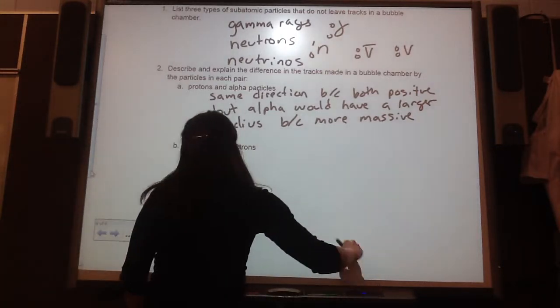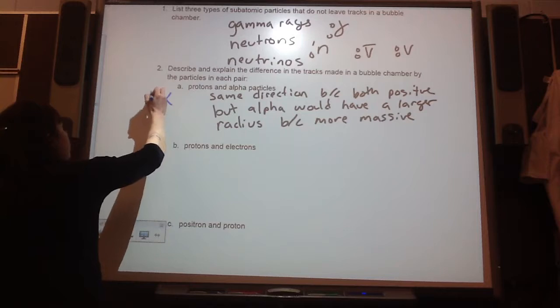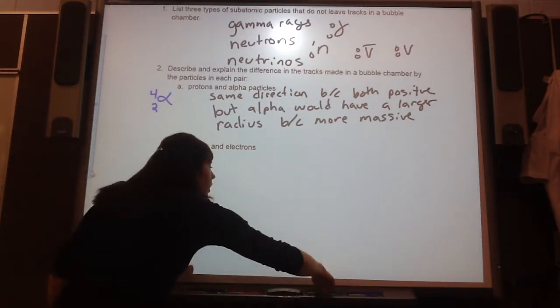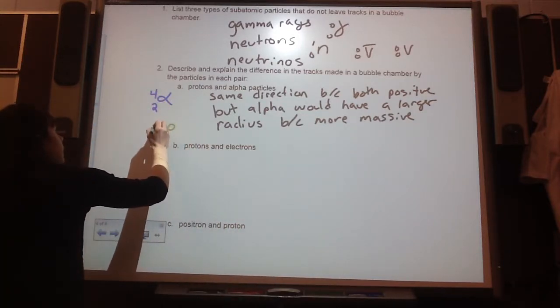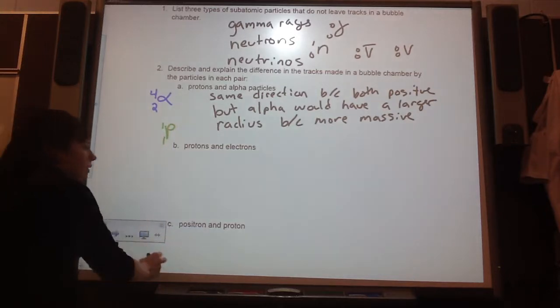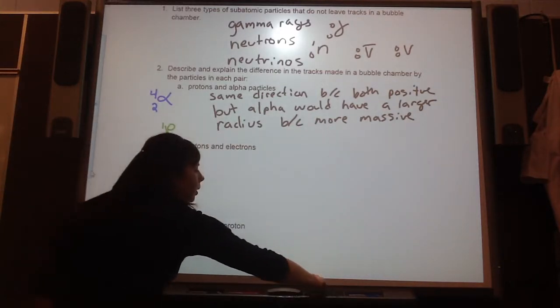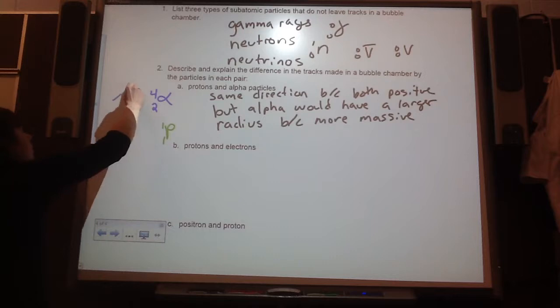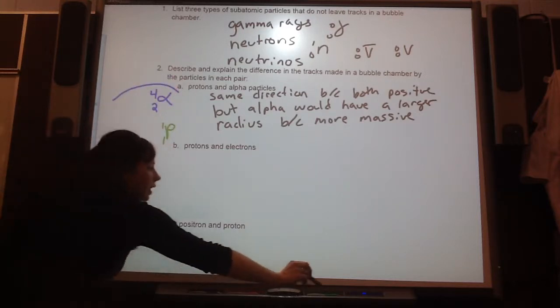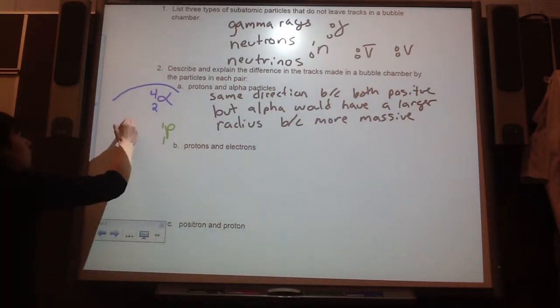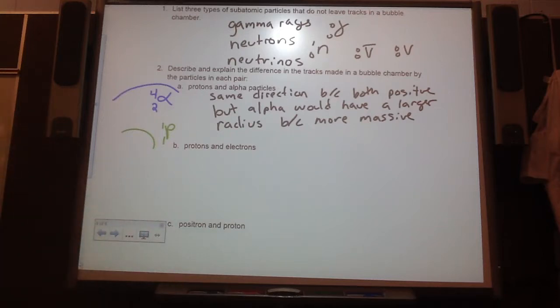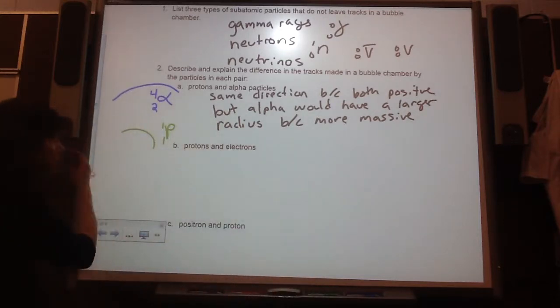If you think about it, our alpha is 4, 2, and our proton is 1, 1. So if they're both going in this direction, the alpha would have a radius like that, but the proton could be like that. The curve would be smaller with the proton than with the alpha.